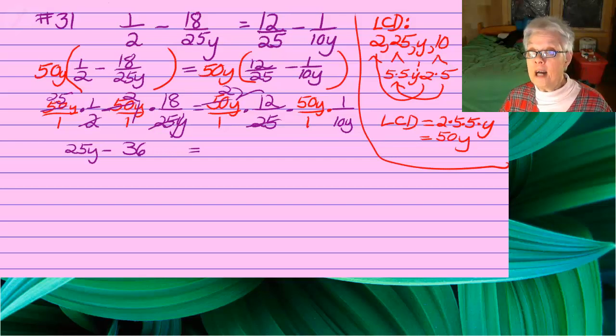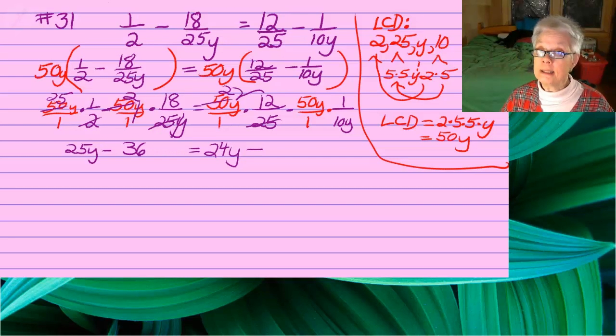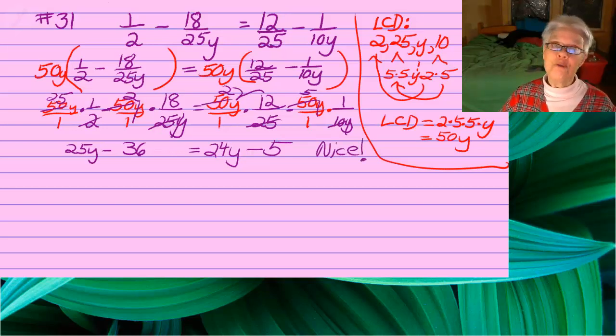Then 25 goes into 50 2 times. The y's cancel, so 2 times 18 is 36. Equals, well, in the same way, we're going to have 24y minus 5. Now we have a very nice equation with no fractions.